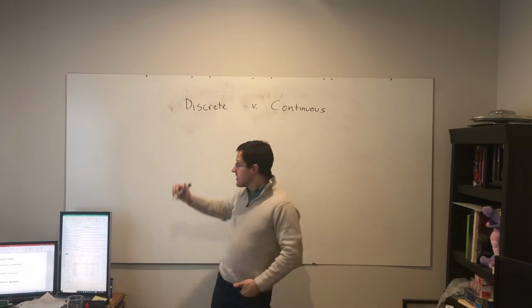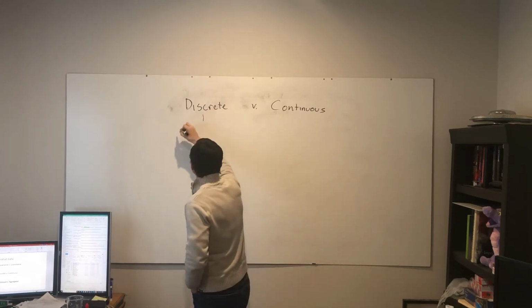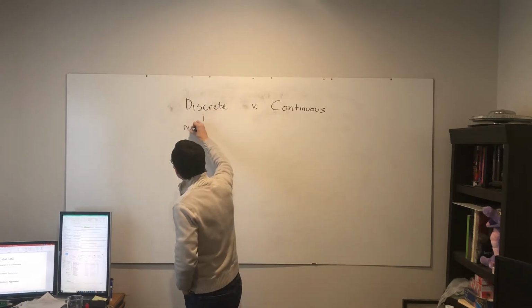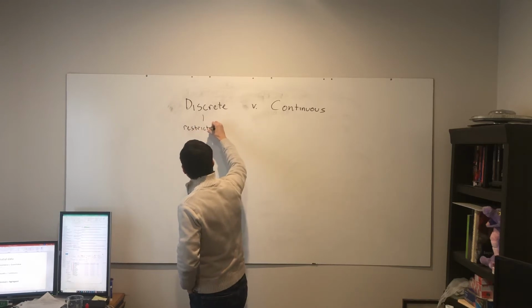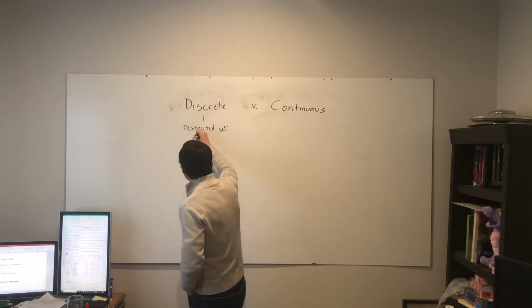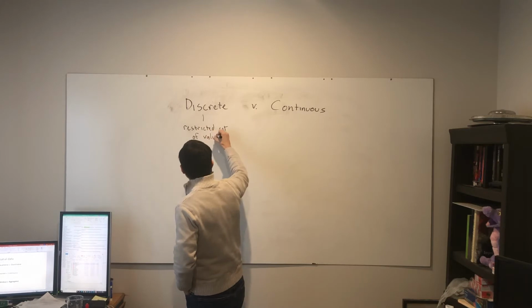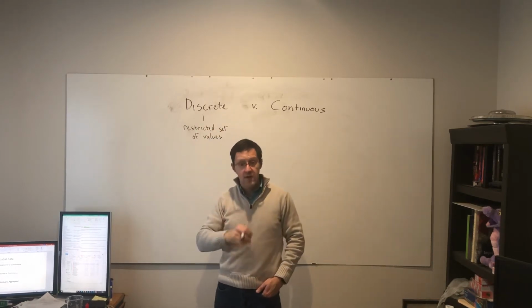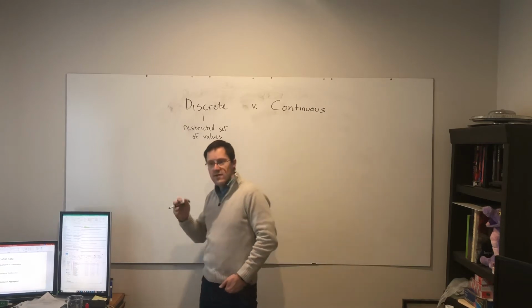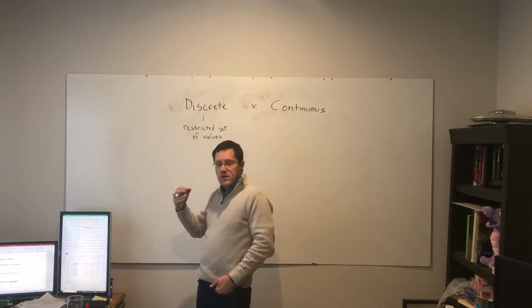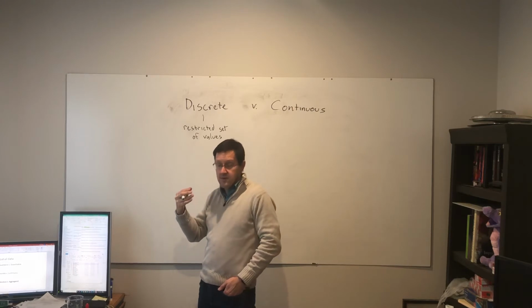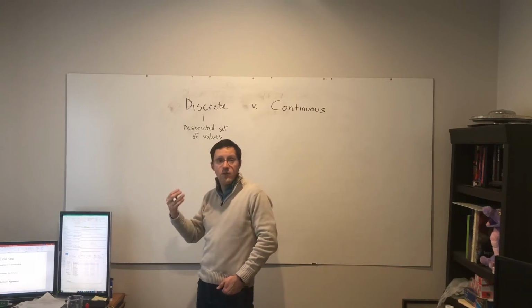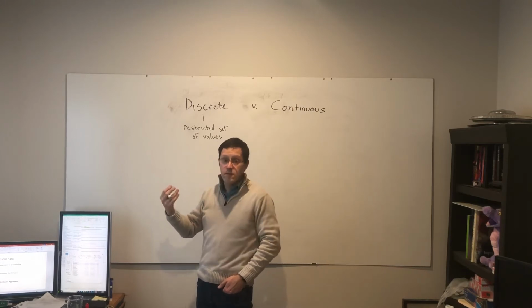The difference here is that discrete data has a restricted set of values. That set of values typically means, it's not required, but it typically means they're going to be integers.